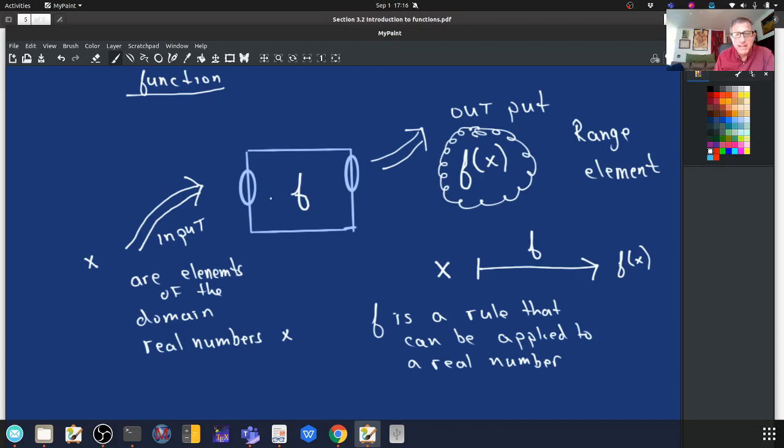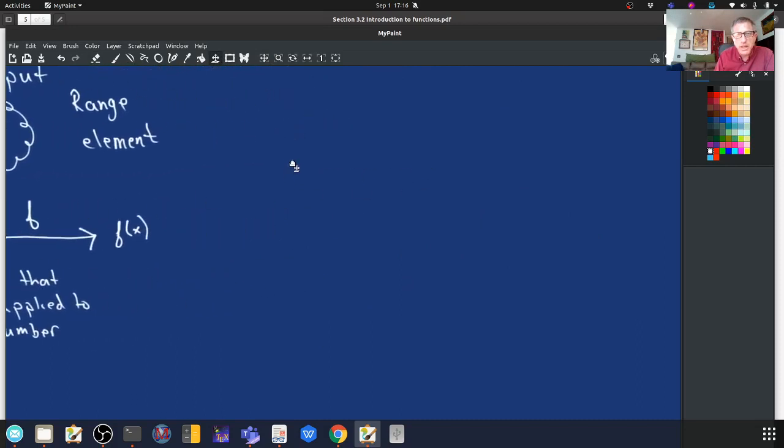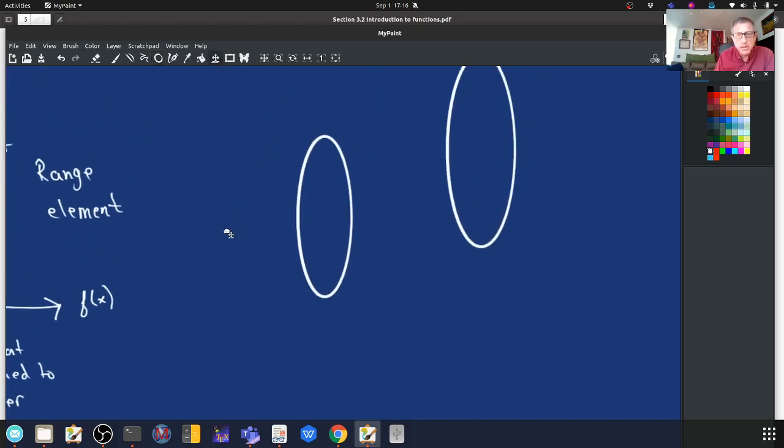It wouldn't make any sense for the rule to say take x and paint it green, because painting green is not a rule that can be sensibly applied to a real number. Another way to look at it is this way. This is going to emphasize the fact that it is a function.